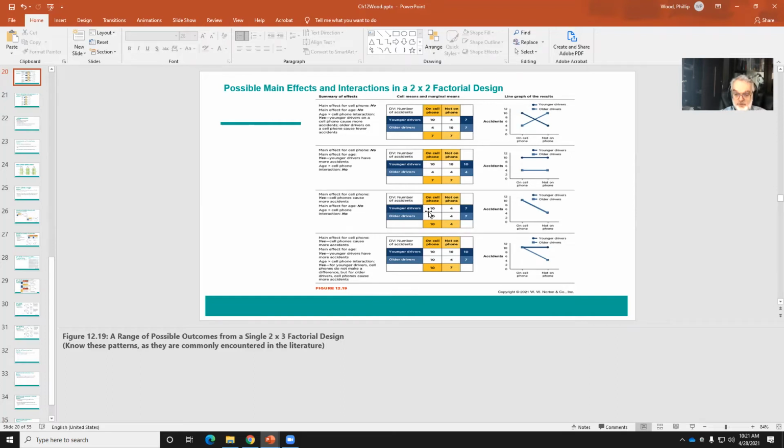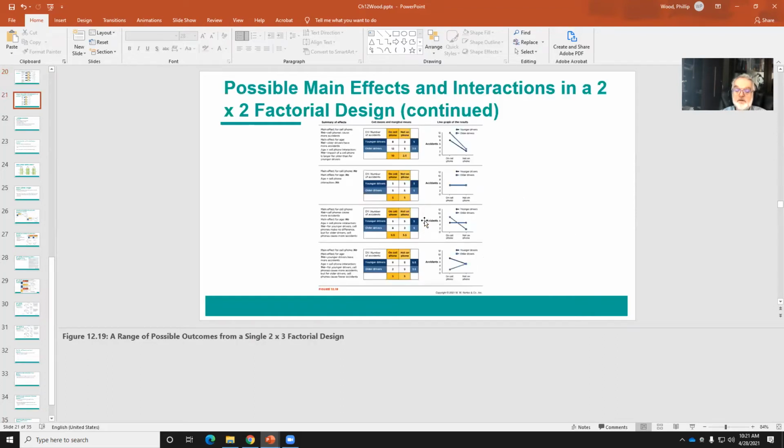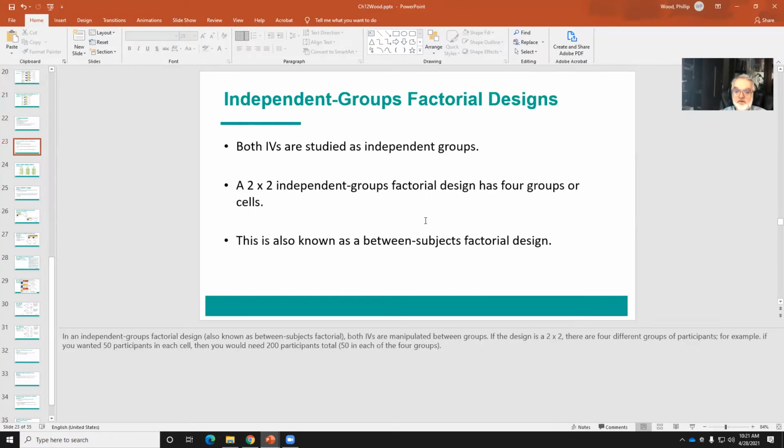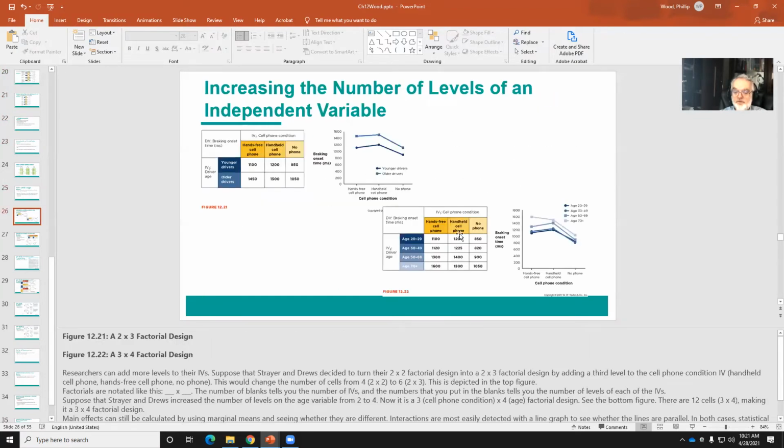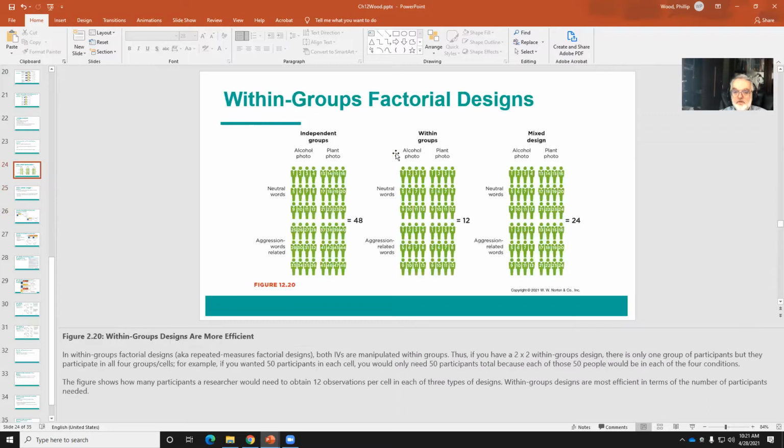And the quiz gives you some practice in doing some of that. And extending that to more than 2 levels is pretty straightforward, and why you might want to do it. And in terms of vocabulary, independent groups, within groups, and mixed design, just basically understand what's going on there.